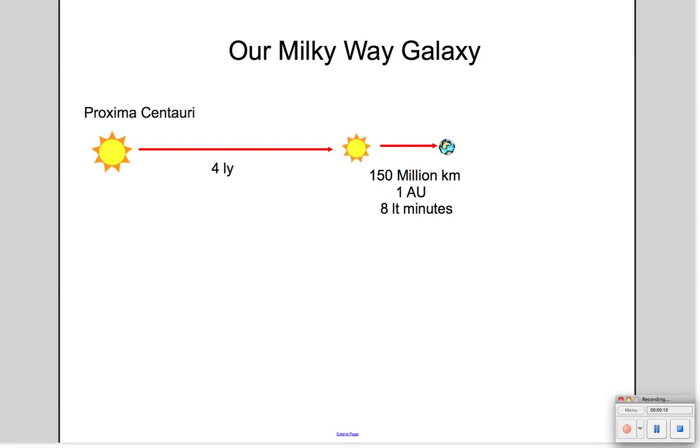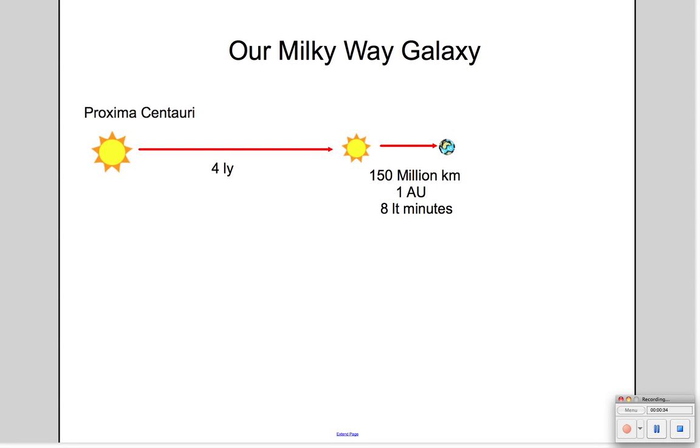Just to give you some idea of the distances involved here, our sun is basically 1 astronomical unit away from Earth. It takes about 8 minutes for light from the sun to get to us, so we say that the sun is 8 light minutes away.